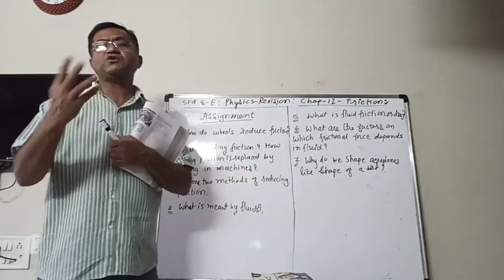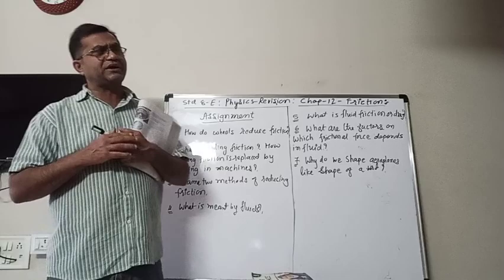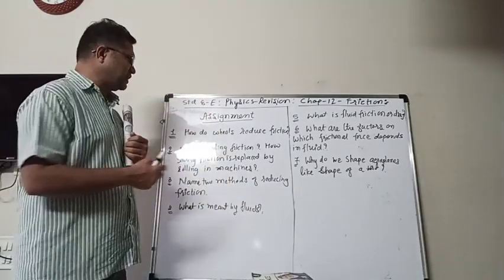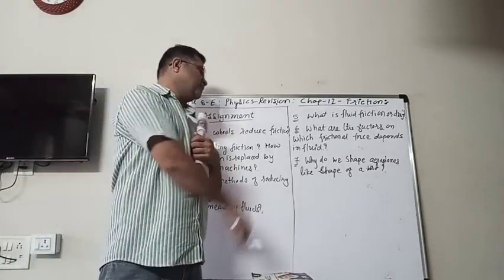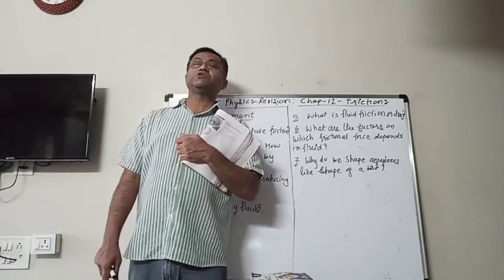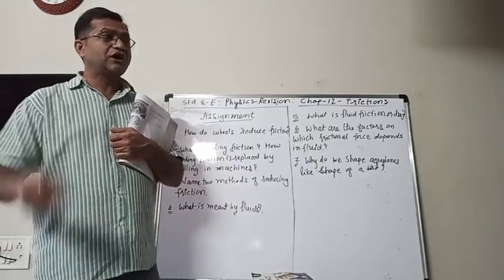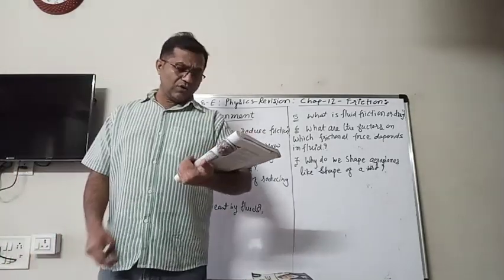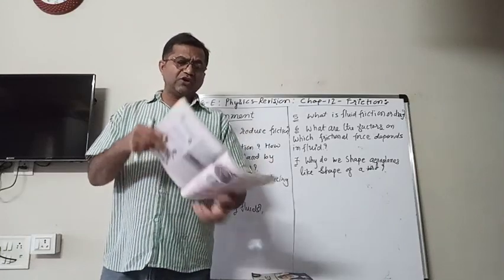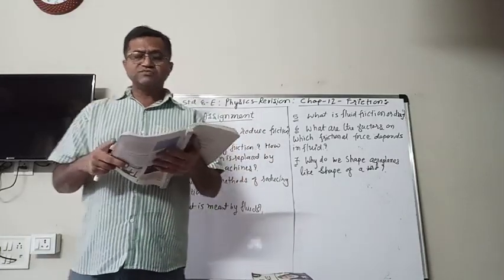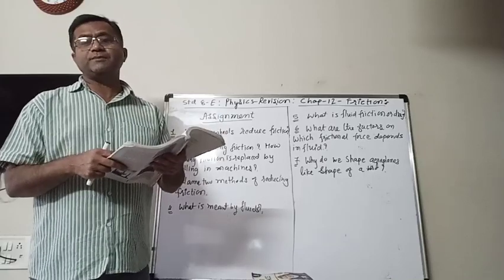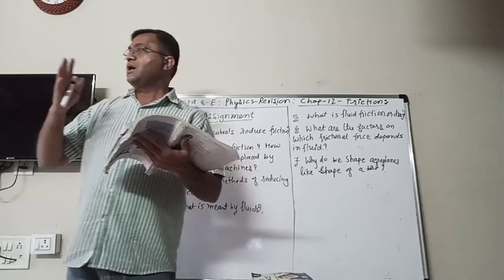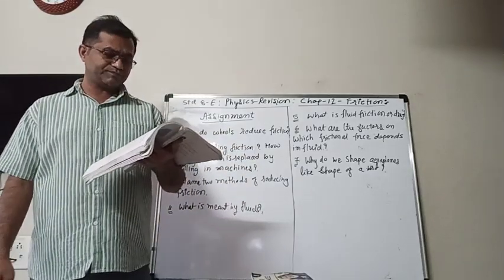Sometimes an air cushion is also used as a lubricant. So one method is using lubricants, and the second method, which we learned now, is to use wheels, because wheels also reduce friction. Now you understand what rolling friction is and how friction is reduced by using ball bearings and wheels for heavy luggage.